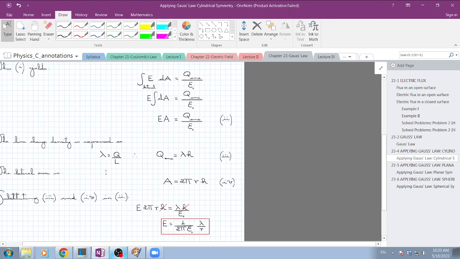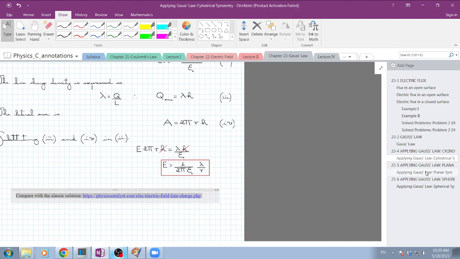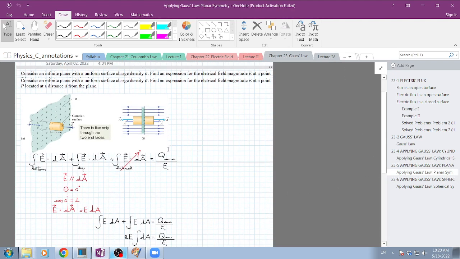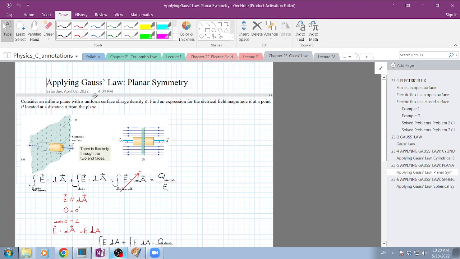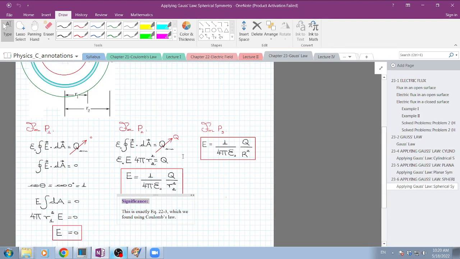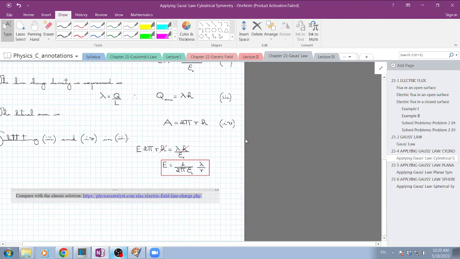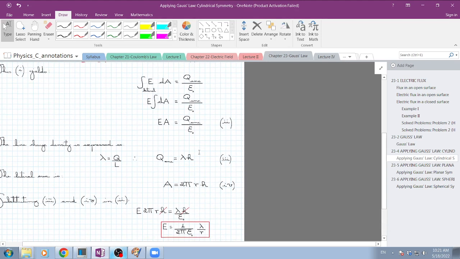I know this is kind of complicated, and we still have next class. I'm going to go through Gauss law for planar symmetry and Gauss law for spherical symmetry. We're going to finish here because we don't have more time. This is a little bit longer than I expected.